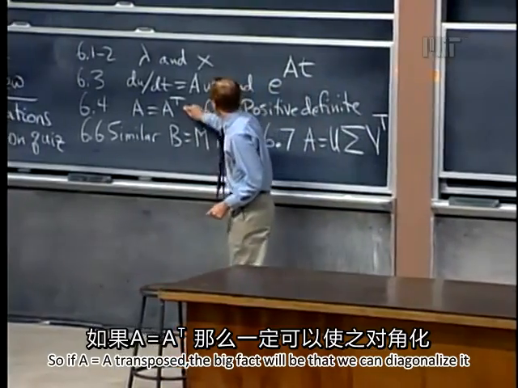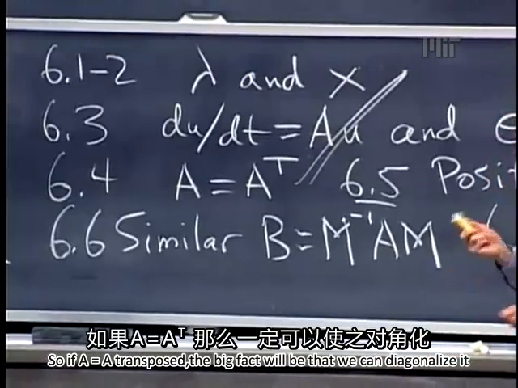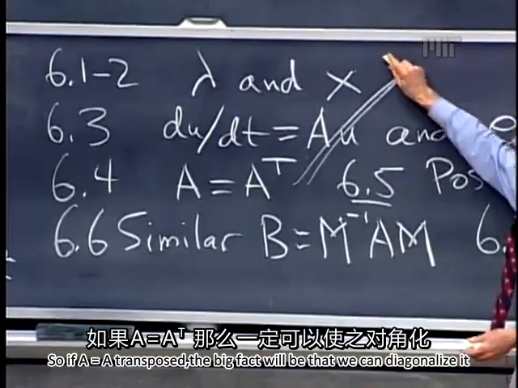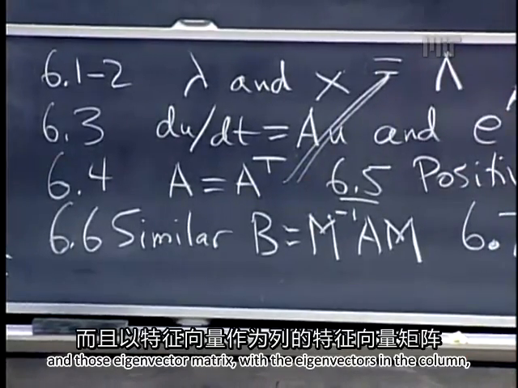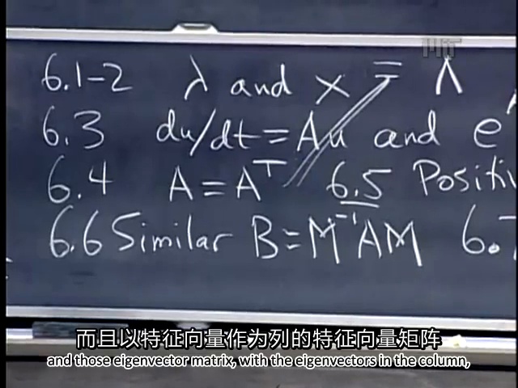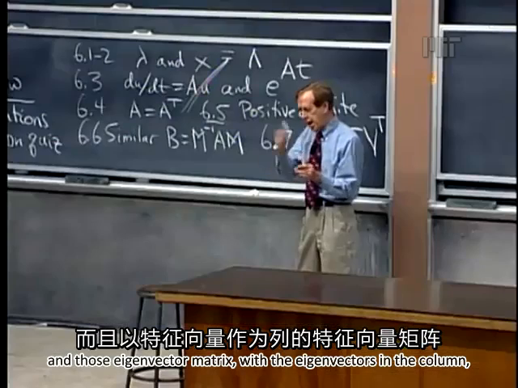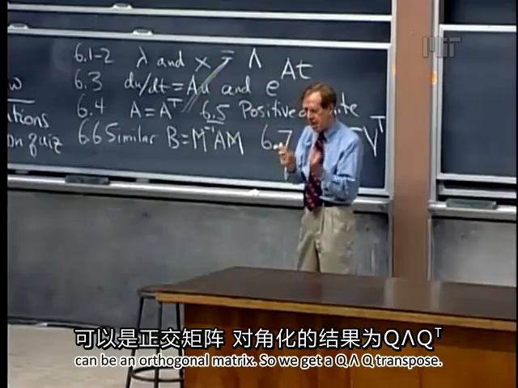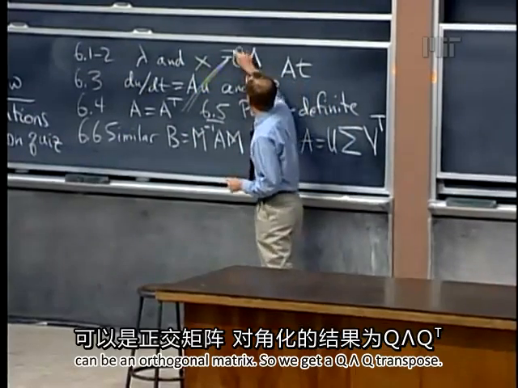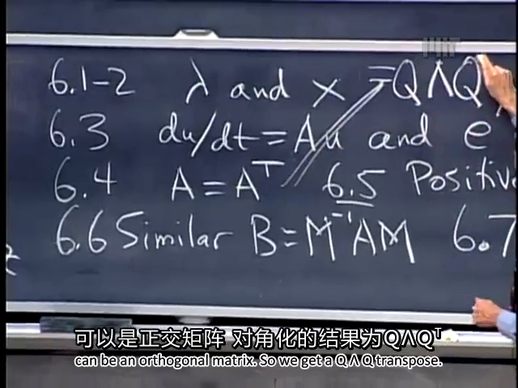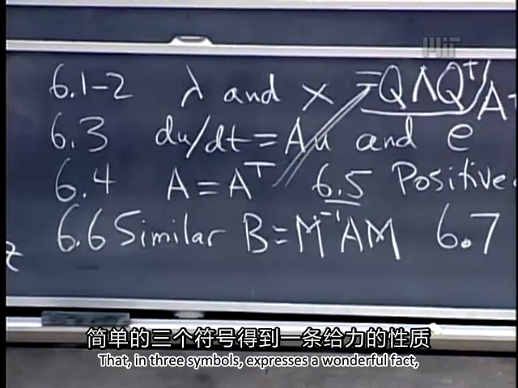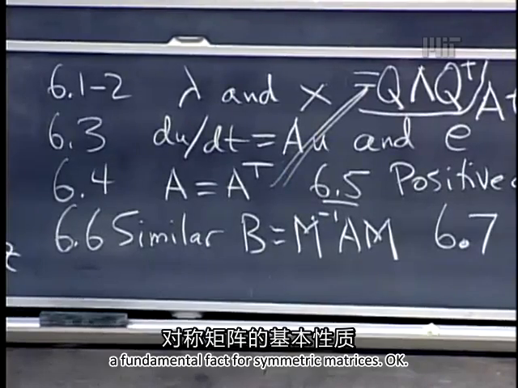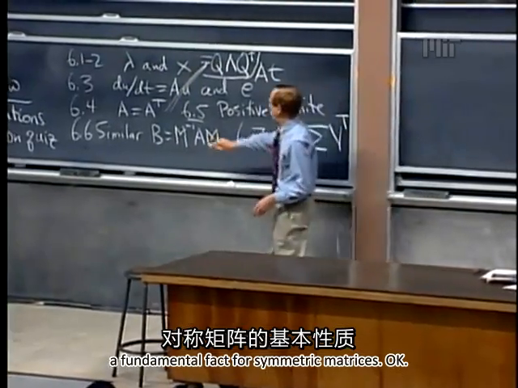So if A equals A transpose, the big fact will be that we can diagonalize it, and the eigenvector matrix with the eigenvectors in the columns can be an orthogonal matrix. So we get Q lambda Q transpose. That, in 3 symbols, expresses a wonderful fact, a fundamental fact for symmetric matrices.